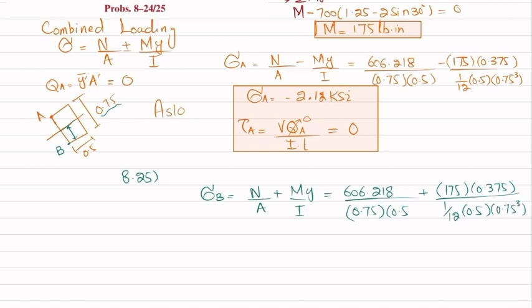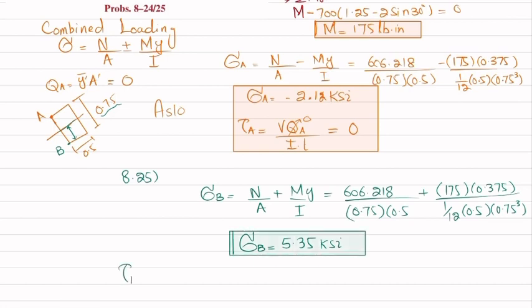When you solve this, you will get the bending normal stress at point B comes out to be 5.35 KSI. Now what about the shear stress at point B?